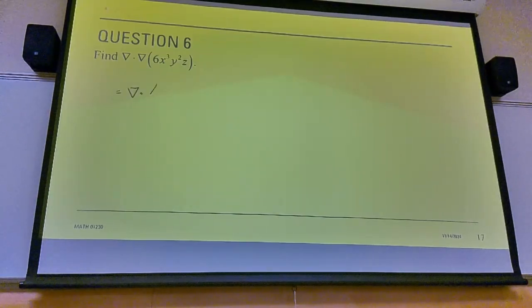What is the gradient field? 18x squared y squared z, comma, 12x cubed yz, comma, 6x cubed y squared. Now find the divergence.